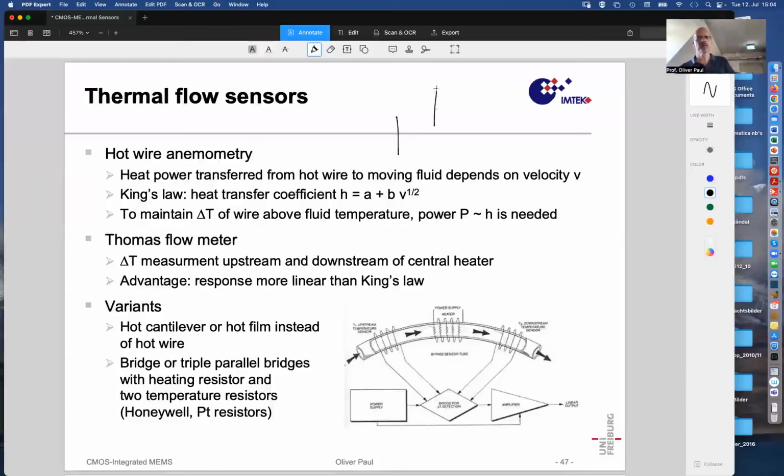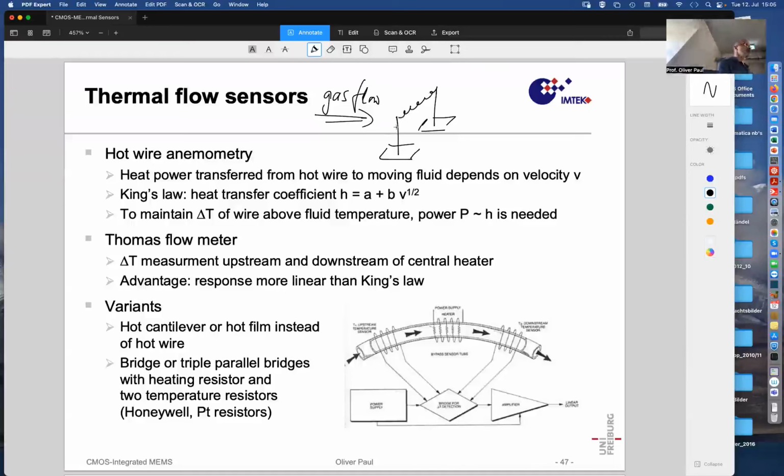So you have a gas flow, and then you put into that gas flow, here is some support, very schematically a hot wire. And of course depending on the speed of the gas, the wire gets cooled more or less.